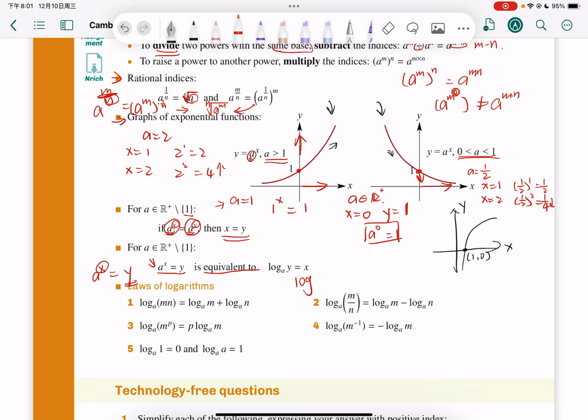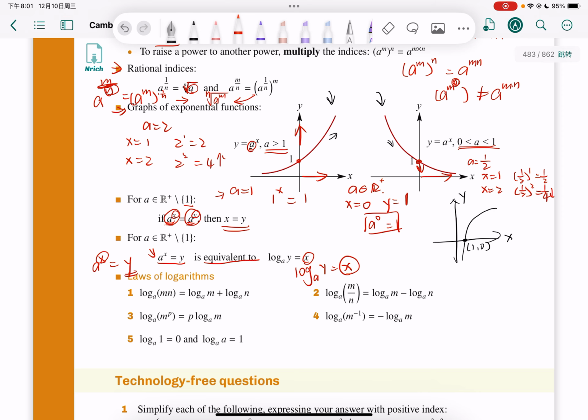Which power x gives us the answer y with the base a? It turns out it's x. This is very important: you should know how the exponential and log are equivalent by changing the position of x and y.